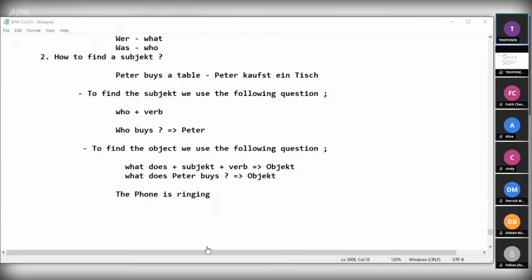So let's see. Now let's go and look at one of our factors. So, examples.